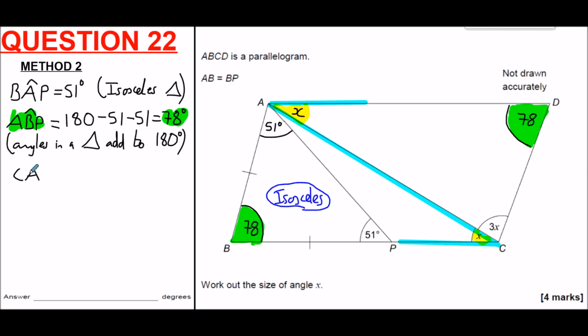Angle CAD, the angle at A, is the same as this angle here, which is PCA, equals X. Now Z angles aren't sadly called Z angles, they're called alternate angles. So I'm just going to mention that alternate angles are equal.